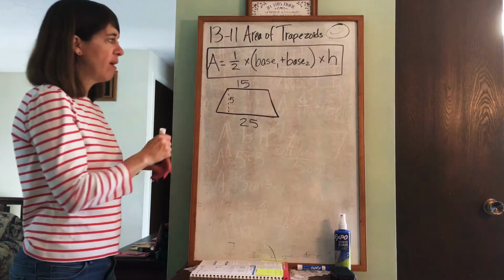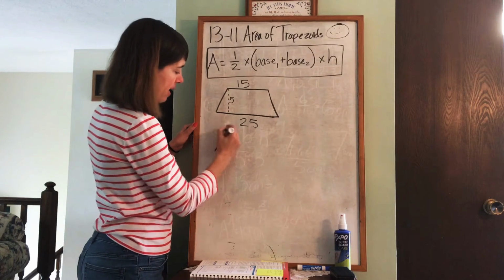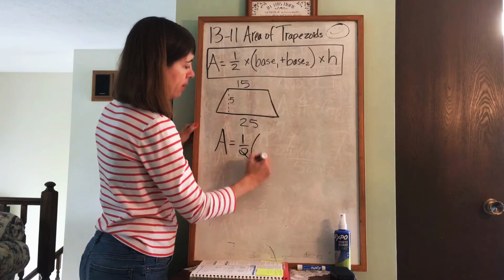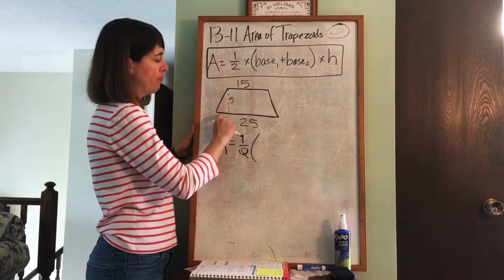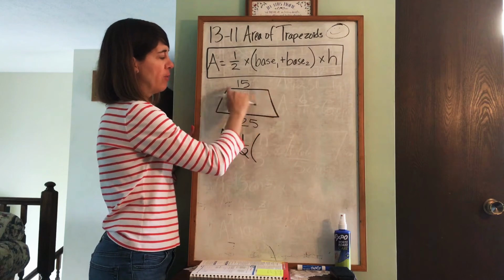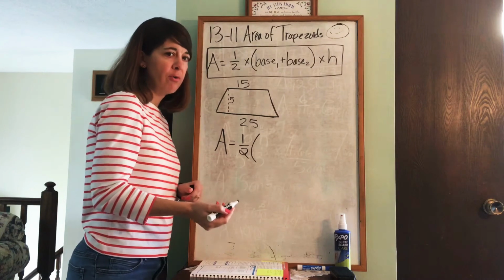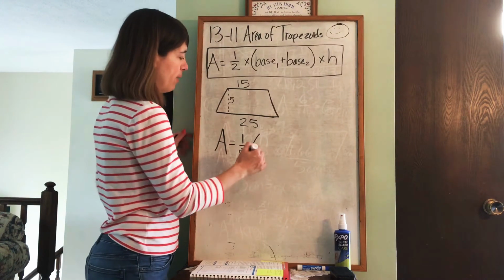So let's apply this information to our formula. So A equals 1/2 times base 1. So take either the base here or what they consider the second base, which is the top line here. It's not going to matter which one you choose first or second because you're going to add them up, and either way you add them, you'll still get the same number.